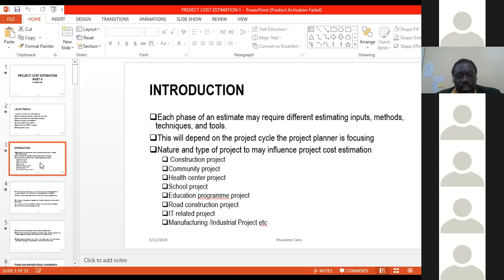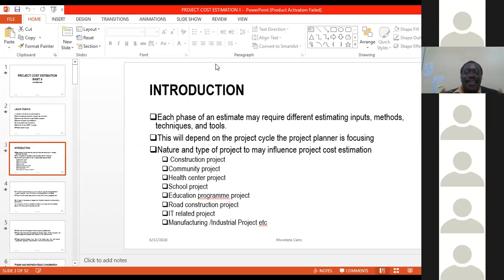Road constructions, how do you estimate? Do you estimate per kilometer or per meter, per cubic meter? How do you arrive at costs? So this is the beginning for you to start thinking, brainstorming. The key part of project cost estimation, of course, is not to become an accountant.